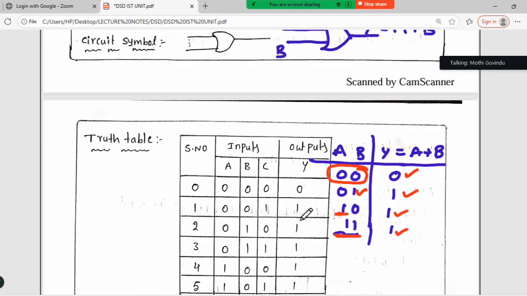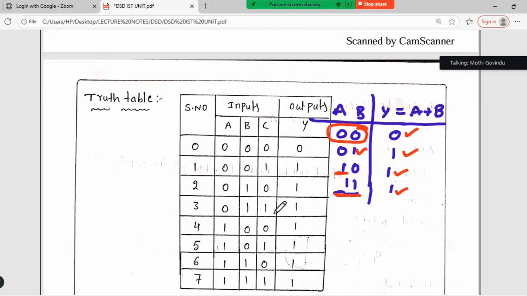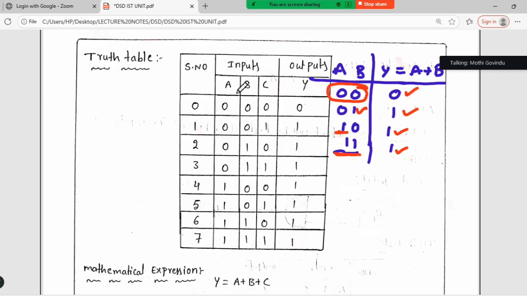Now here I gave a 3 input OR gate. This is the truth table for the 3 input OR gate. So a, b, c, 3 variables are there, so I'm going to get 8 combinations. If any of the inputs is high, output is high. Everywhere you can check.